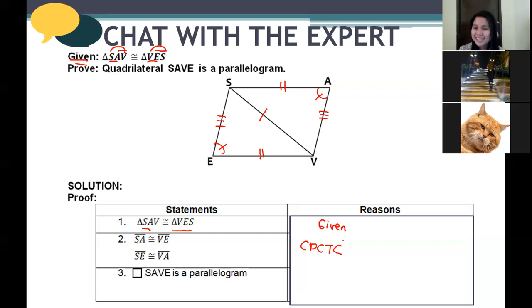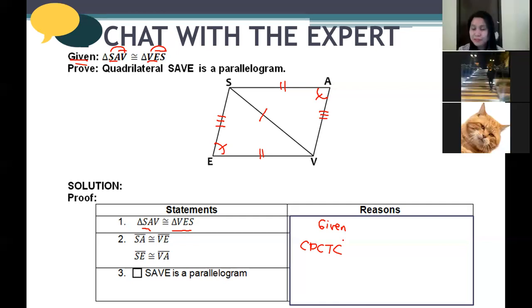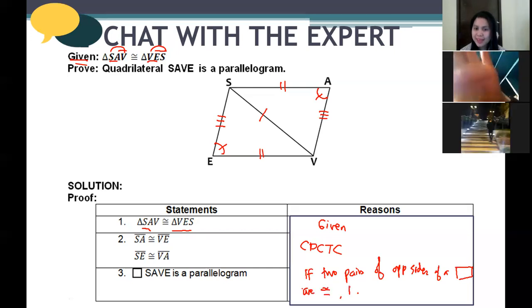The theorem states, if two pairs of opposite sides of a quadrilateral are congruent, then the quadrilateral is a parallelogram.